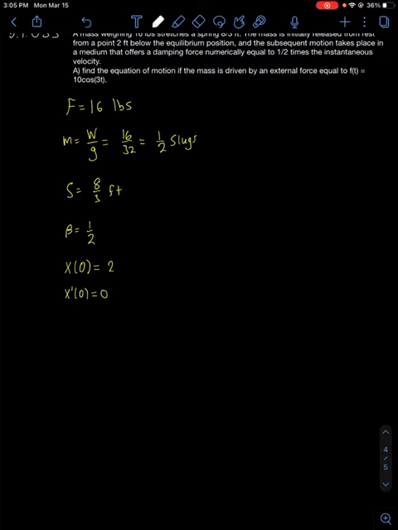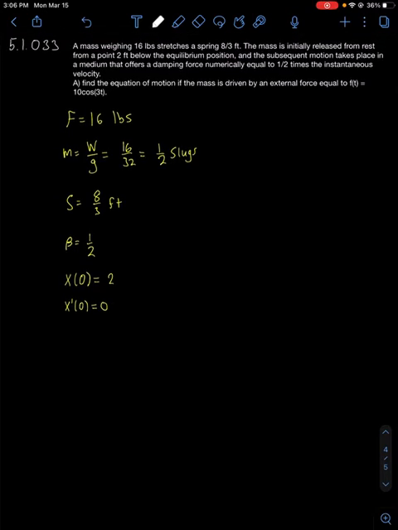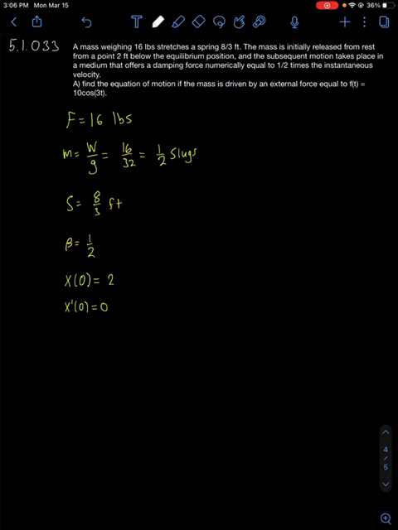The general equation for the spring and mass problems is this: mass times the second derivative of x with respect to time plus the damping coefficient times the first derivative of x plus the spring constant times x equals 0 if there's no driving force.